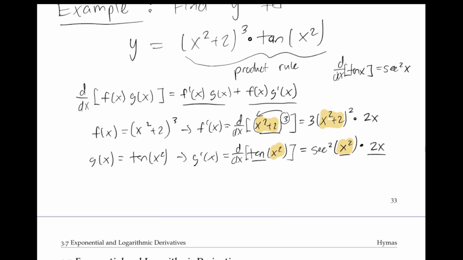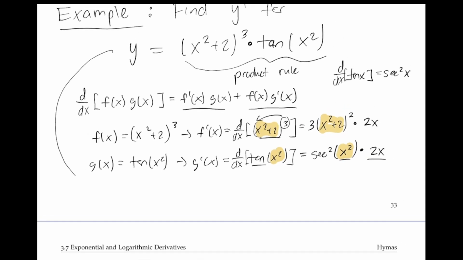We've got enough there, I think, that we can jump to the final answer. So y prime, remember we do this kind of cross multiplication. So you're going to take this guy, f prime, and you're going to multiply it by g. And you're going to take this guy, g prime, and you're going to multiply that by f. Okay, so let's do it.